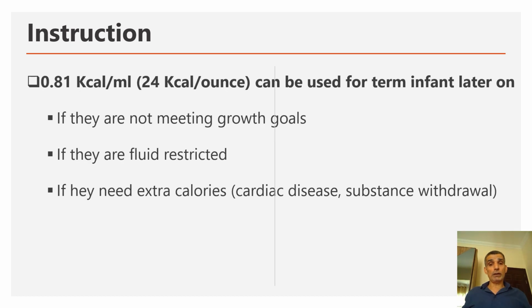The 24 kilocalorie can be used also for term infants who either weigh less than 2,500 grams or are not achieving certain growth goals, or they are restricted by fluid for a certain reason, and then we need to give them the same amount of calories but with restricted fluid.